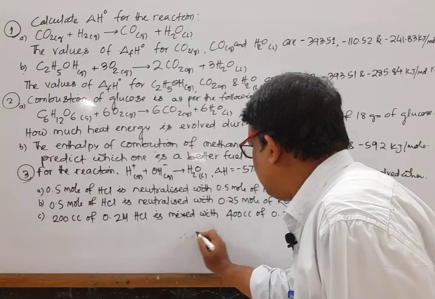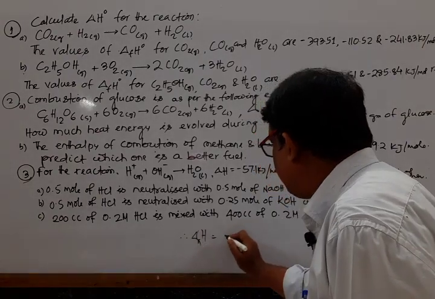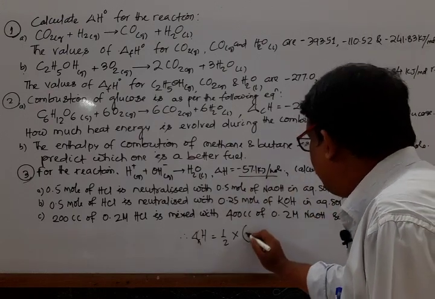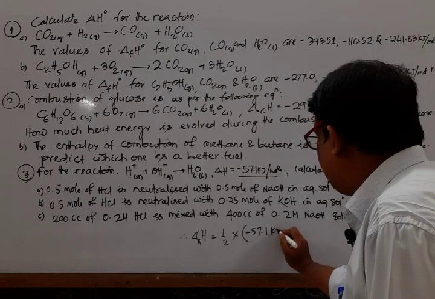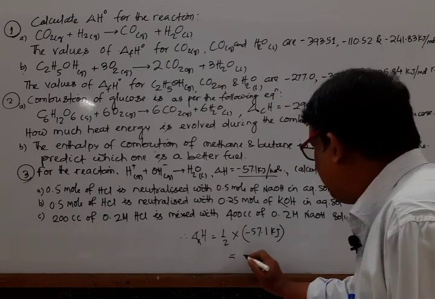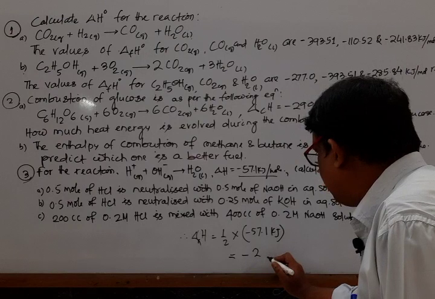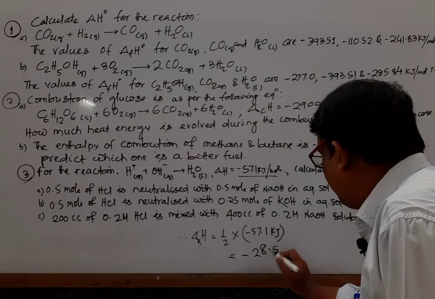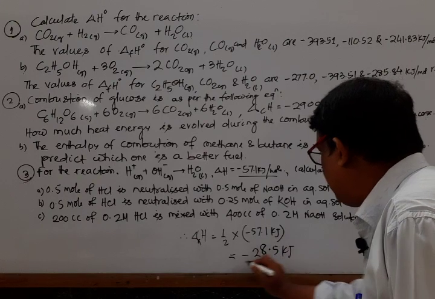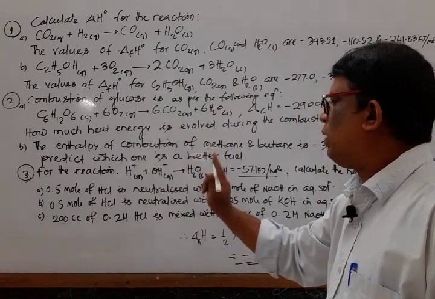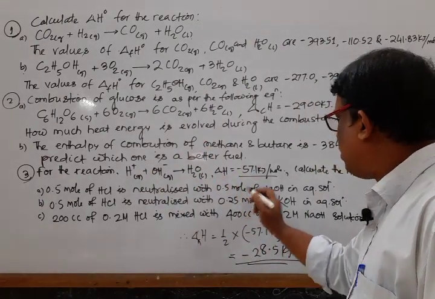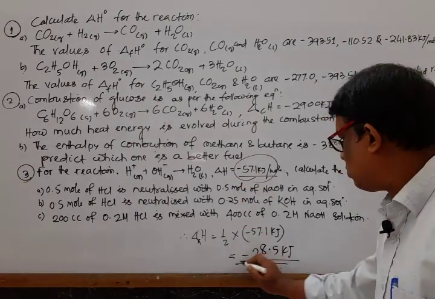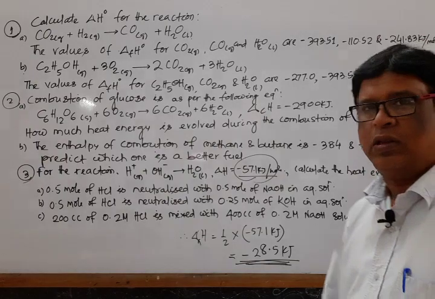So ΔHn is equal to half into the actual value, which is minus 57.1 kilojoule, equal to minus 28.5 kilojoule. So if 1 mole of acid undergoes complete neutralization and the amount of heat evolved is 57.1, then half mole of acid undergoing complete neutralization gives half into this value.